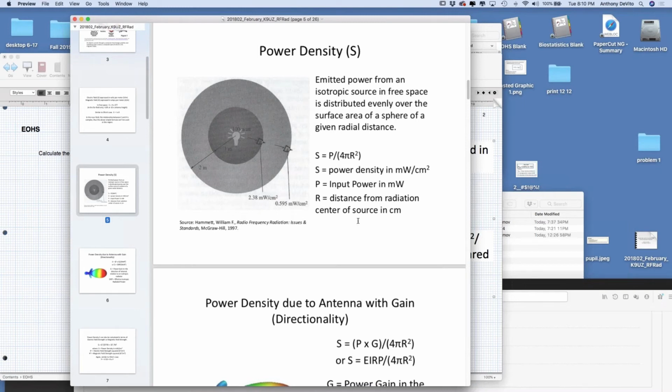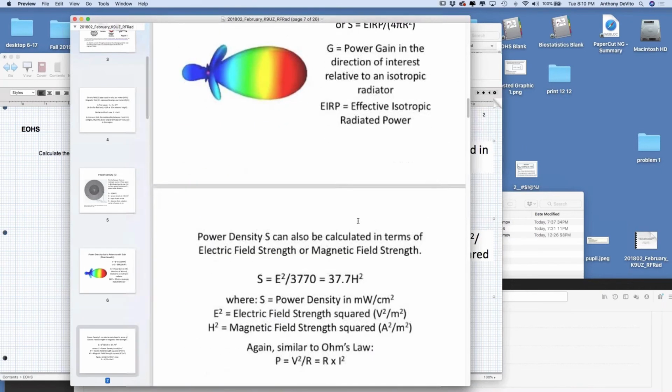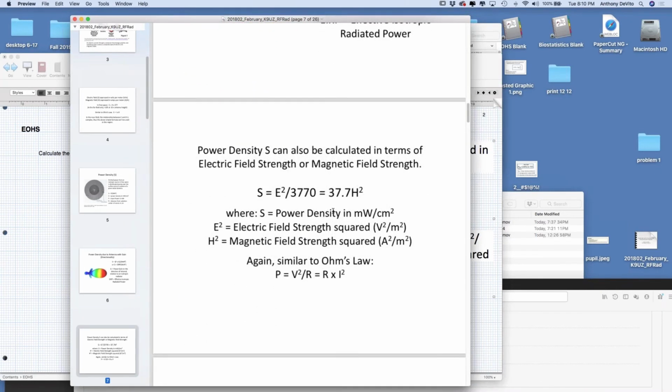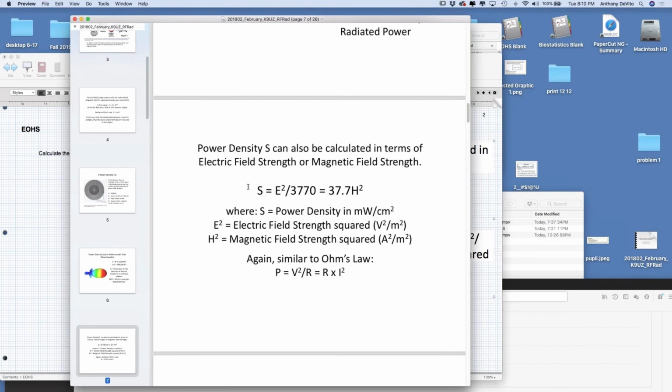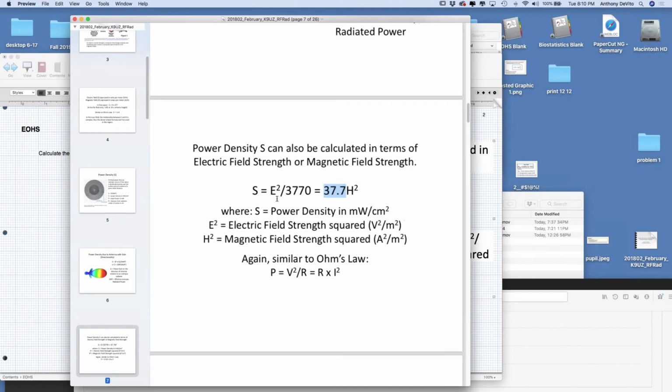And you can kind of see that in this formula. The power density is equal to the electrical field squared over 377. In other words, we have to do things to make the electrical field smaller. And in the case of the magnetic field, we have to multiply by something to get it to be equivalent to the power density, or relate to the power density.